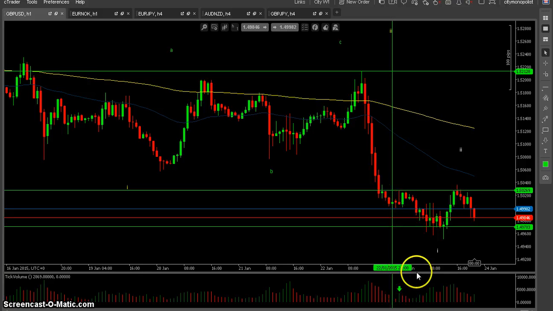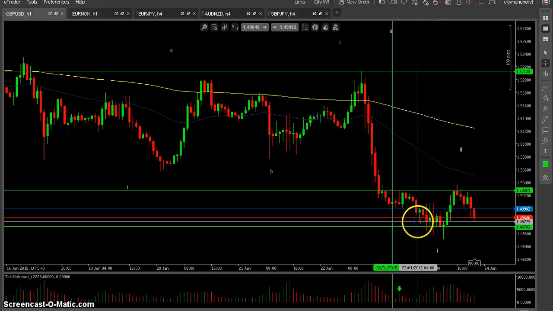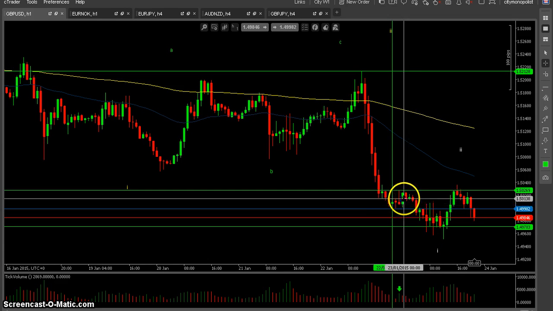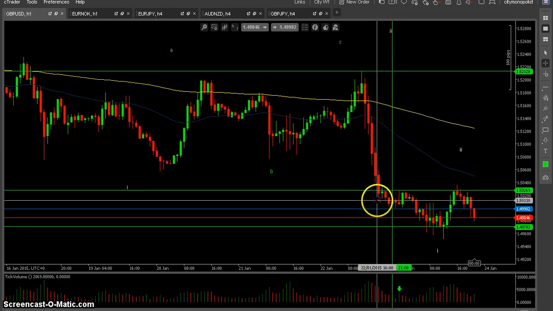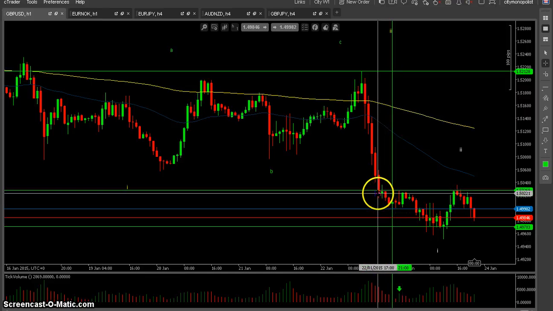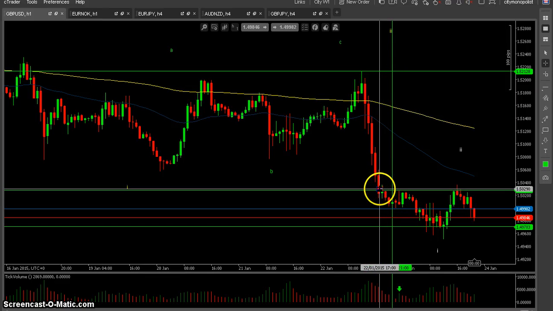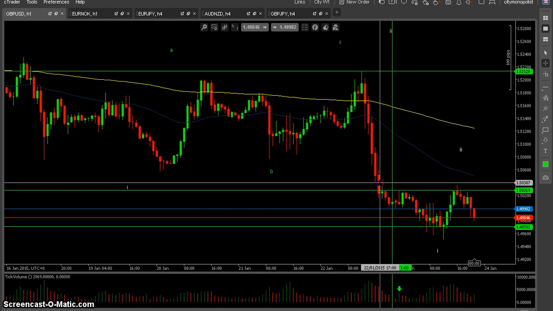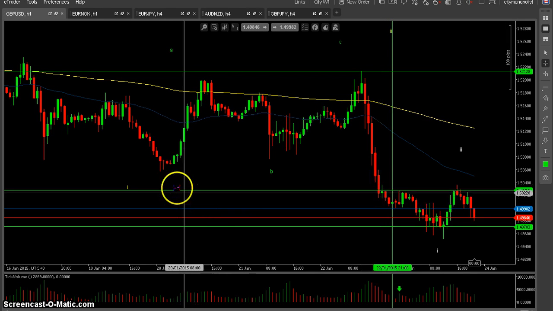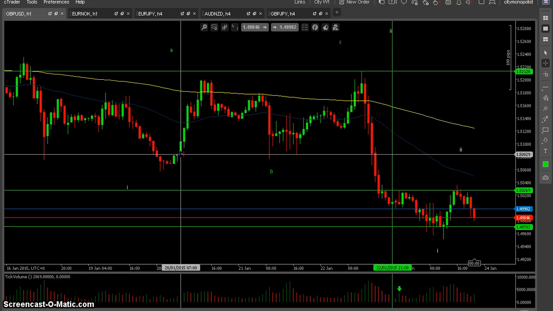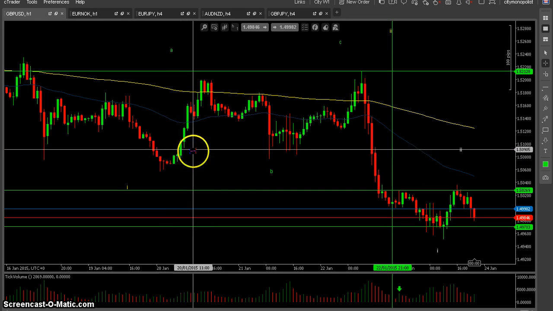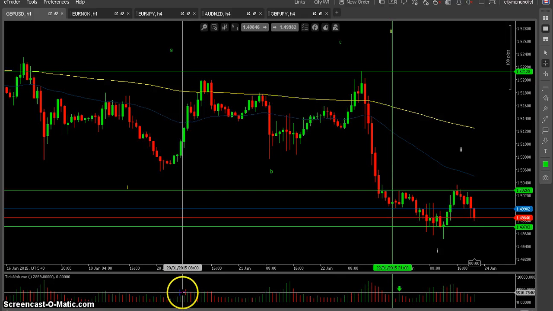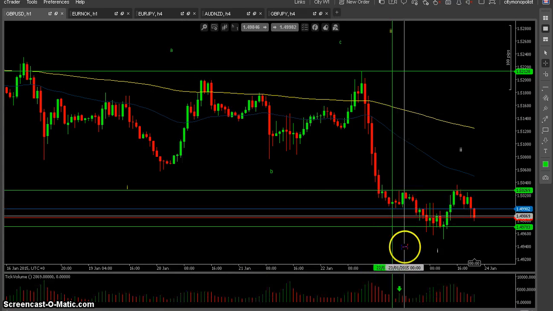And look at that, and then we get a bullish move. A very strong bull candle. Now look at the difference between this candle and a similar candle. Let's look at this bullish candle, which is kind of close. Look at the volume accompanying that candle, and look at the volume accompanying this candle.